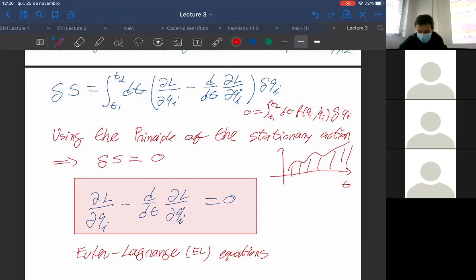Exactly. So the function could be negative at some point. But if it's an arbitrary function... So something like this, and the area would be this thing here. We make the condition that suits our convenience. Yes, exactly.